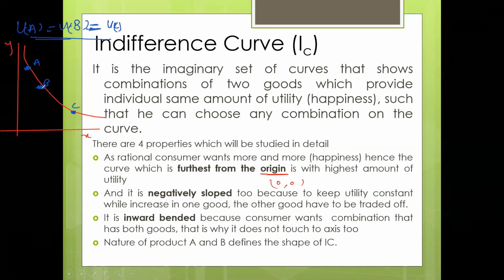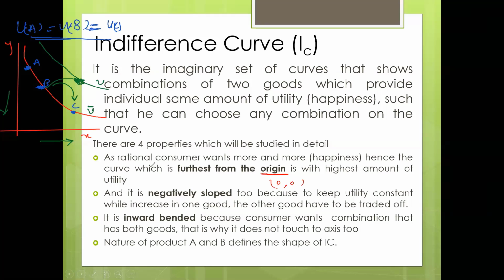So when he's moving from point B to point C, X is increasing, so in order to make sure the utility stays fixed, he has to reduce Y. If he is not reducing Y, it means he is going somewhere higher, onto a higher indifference curve which has higher utility.